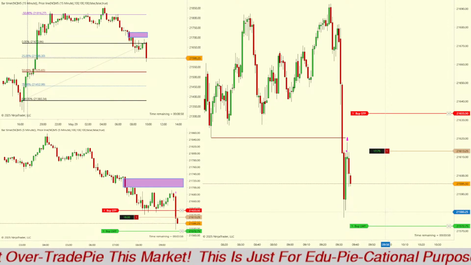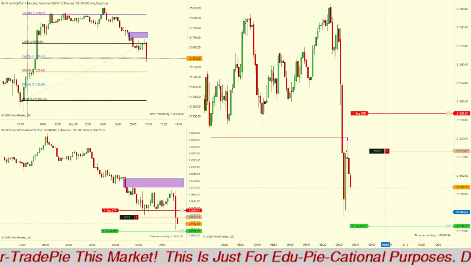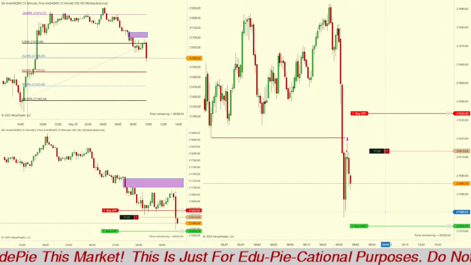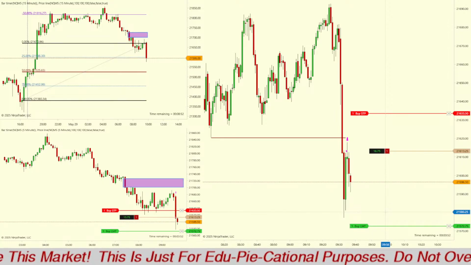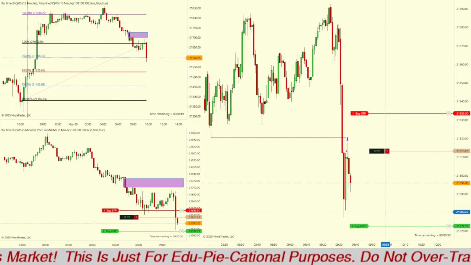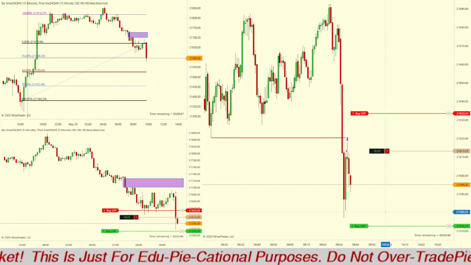And this is the new candle formed. 20 handles delivered, almost half of the TP.